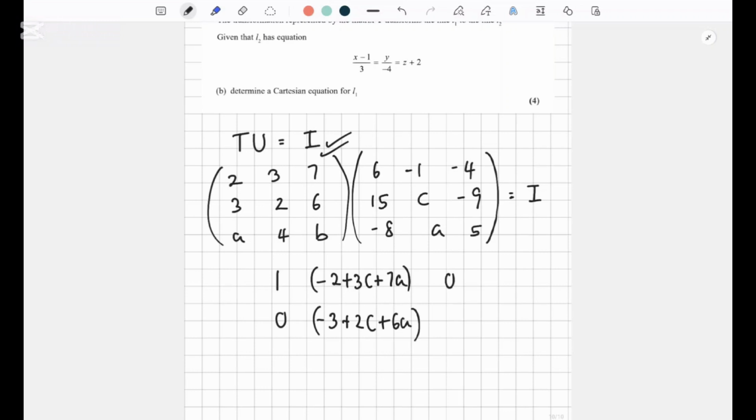So let me just find the next one. 3 into minus 4 plus 2 into minus 9 plus 6 into 5. So this should be 0 again.